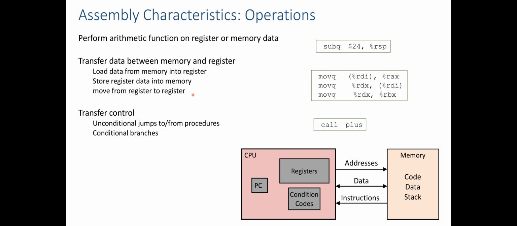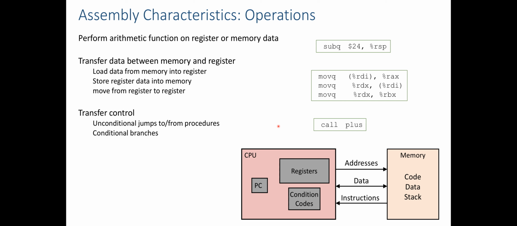And then also we do sometimes move data from register to register. And so these parentheses here are indicating that we're taking something from memory. So this is memory to a register. This second one here is from a register to memory. And then this third one is from one register to another. And we'll learn about all these register names in the next few presentations.